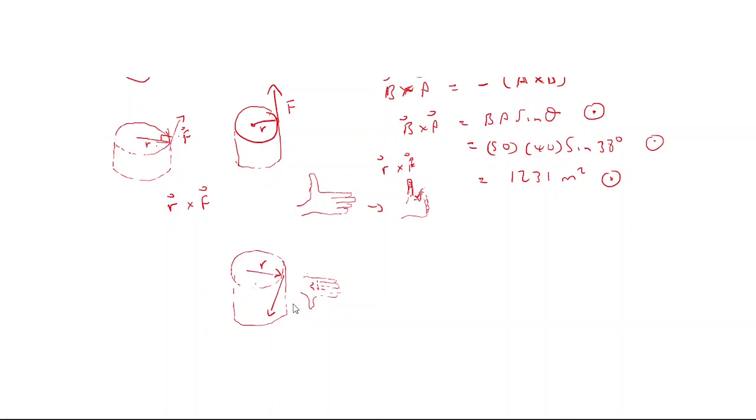So you must twist your hand like that, and you remember you're still finding R cross F. Your thumb is going to be facing down, and that is why when you curl your fingers towards the second vector, which is F, this vector here, it's going to curl like that, and you are actually going to have a situation whereby your thumb is facing downwards.